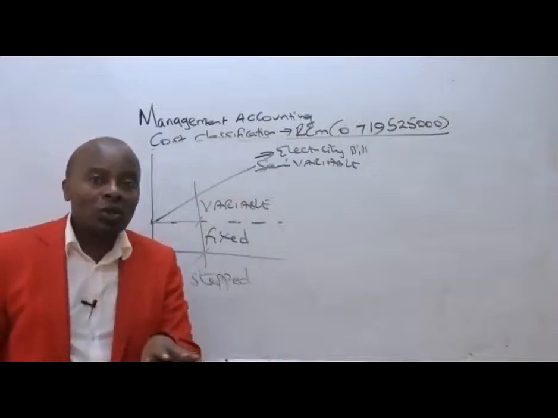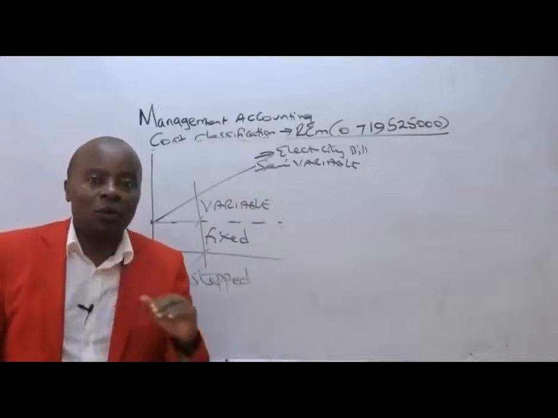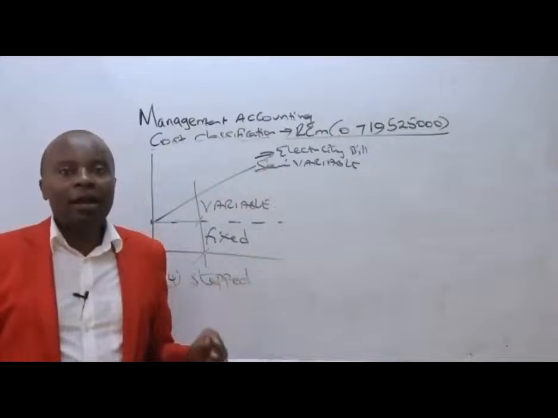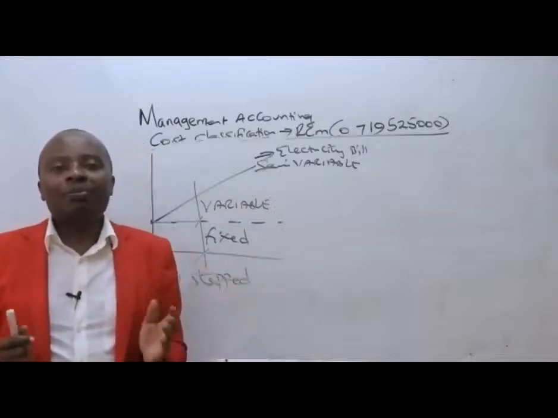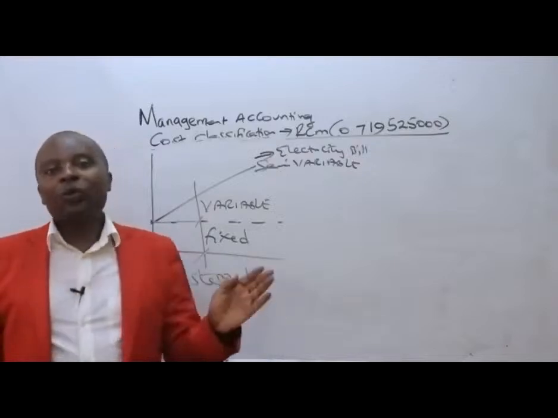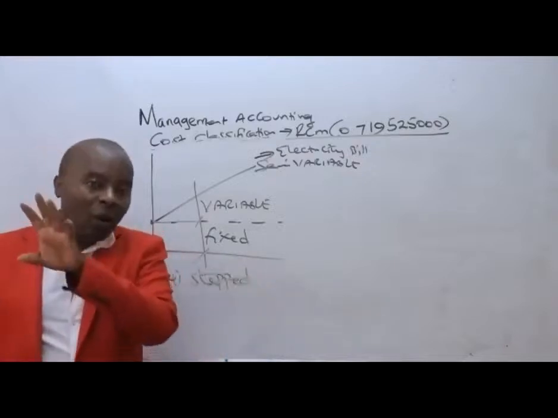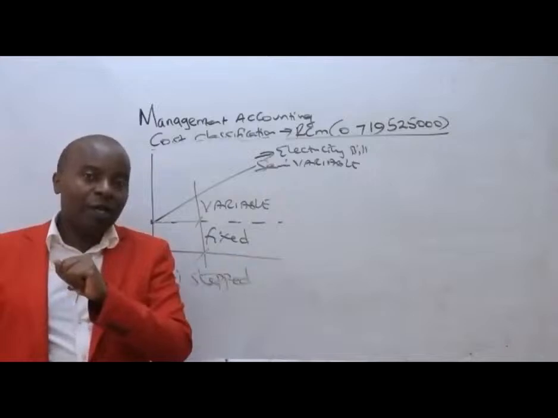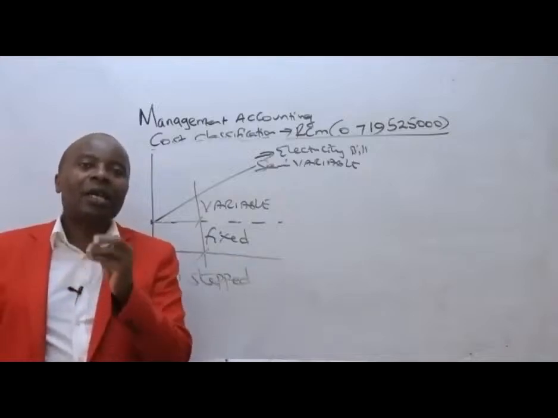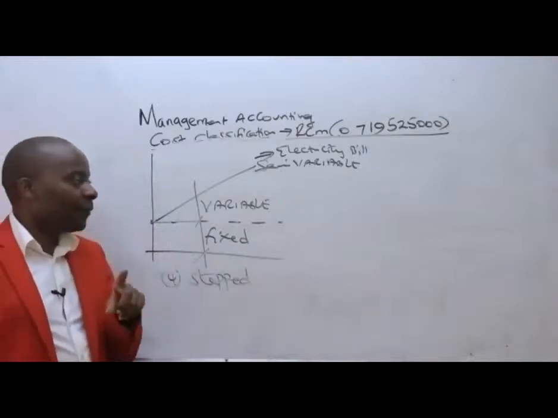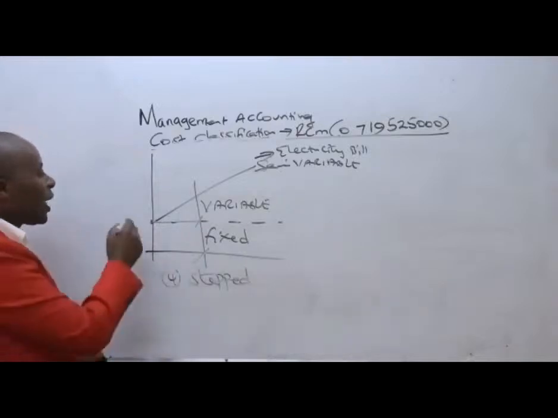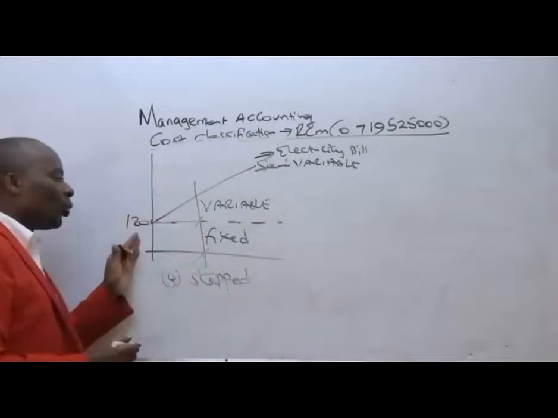Even if you close your house and go to Dubai for some holiday and stay there for a whole year, when you come back, you will never get your electricity bill being zero. You will get that 120 for the number of months that you are away, which is waiting for you. It's like a meter rent. Very important for us to appreciate that. That electricity cost can never start from zero, it starts from about 120.